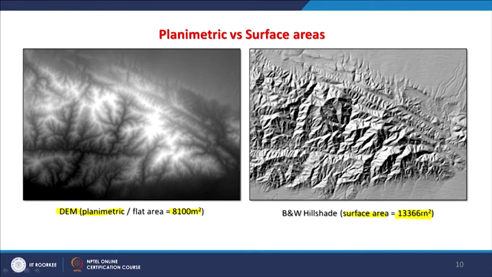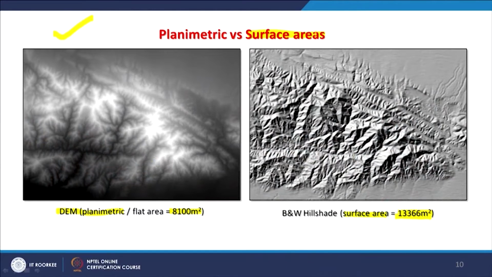So, based on a simple digital elevation model, which is in planimetric presentation, or survey topo sheets, if I make estimations about sediment supply from a basin, or flow conditions, or erosion, or snow melt, then I am grossly underestimating these values.